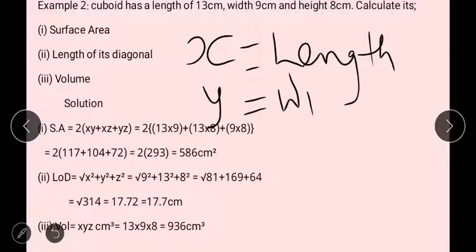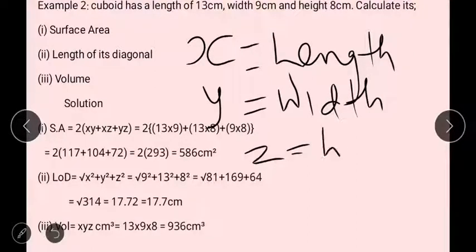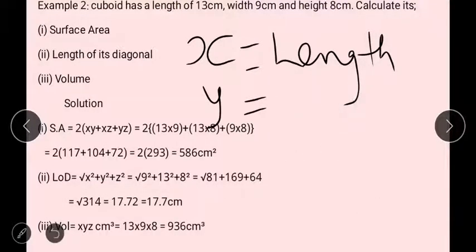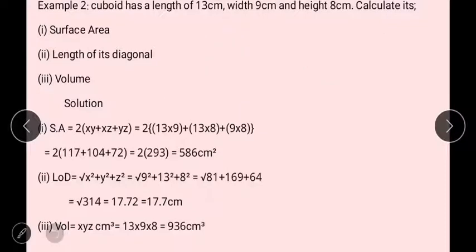Width. And z is equal to height. Your x is the length, your y is the width, your z is the height. We are now told to calculate the surface area, the length of its diagonal, and the volume.